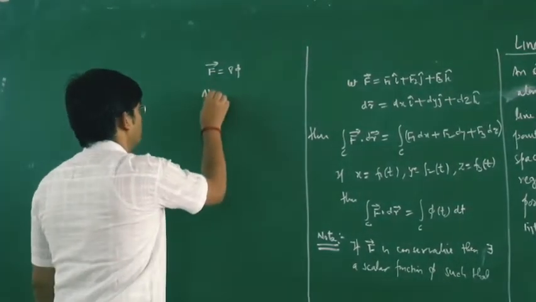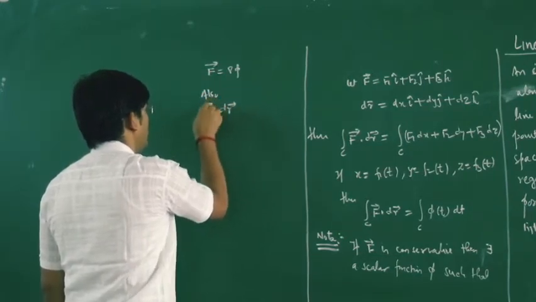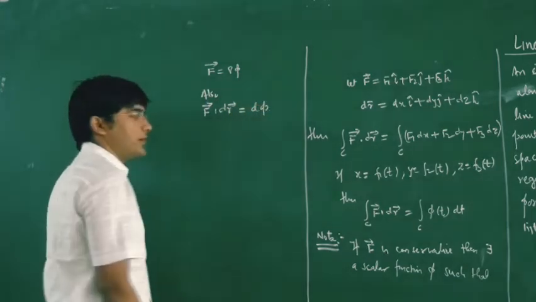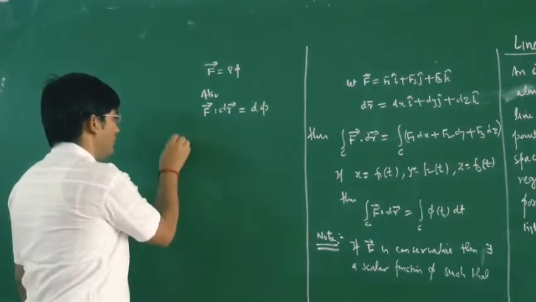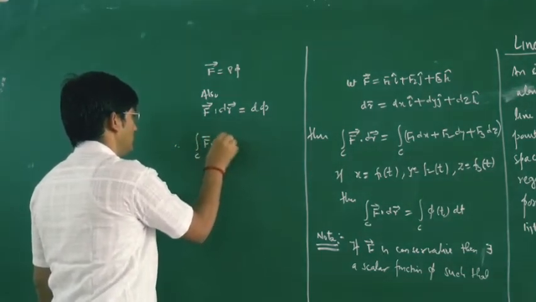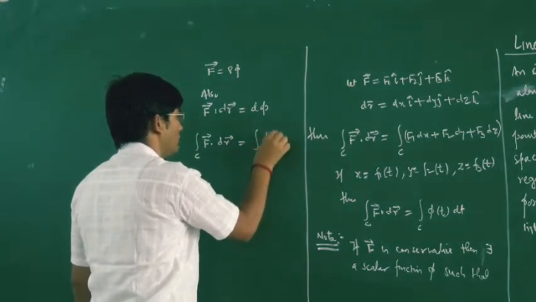Also f dot dr, the value of which I have already given you, is d phi. Therefore the value of this line integral is the integral of d phi over C.